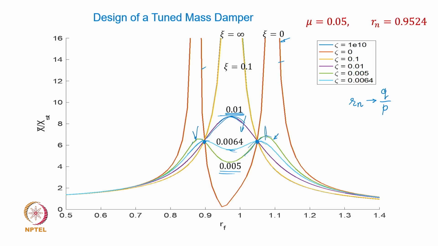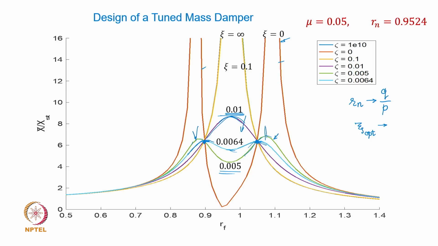But the first step of designing this tuned mass damper is to first ensure the tuning, in the sense that these amplitudes are identical, and more importantly later ensuring that you choose an appropriate damping parameter, damping factor, so that the curve passes with zero slope at these points.